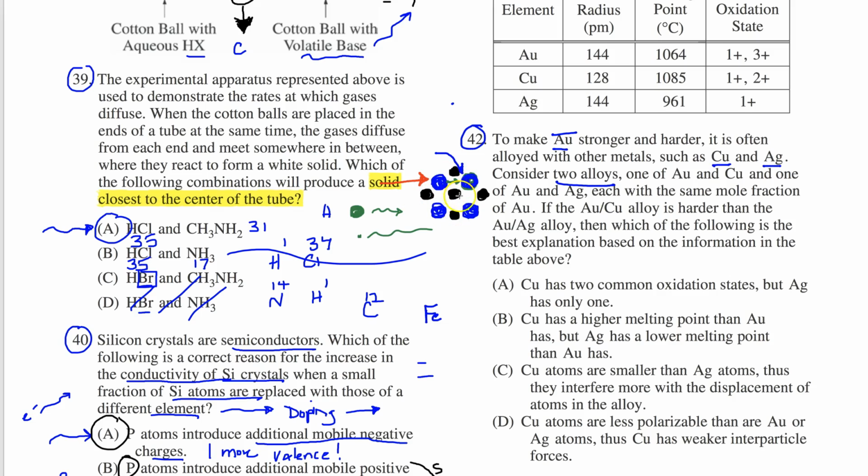These little gaps being filled is called an interstitial alloy, where you have smaller atoms filling in the gaps. And when you fill in the gaps, they create more stability and strength.